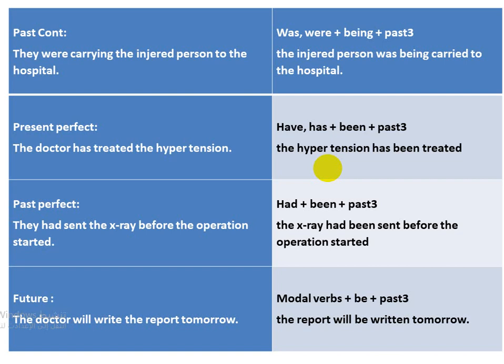Okay. Now we are going to begin. We are going to read the sentence and begin with the object. Your sister, you read. The injured person was being carried to the hospital. Okay.